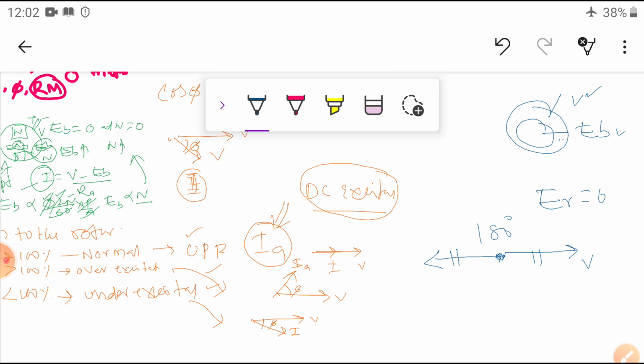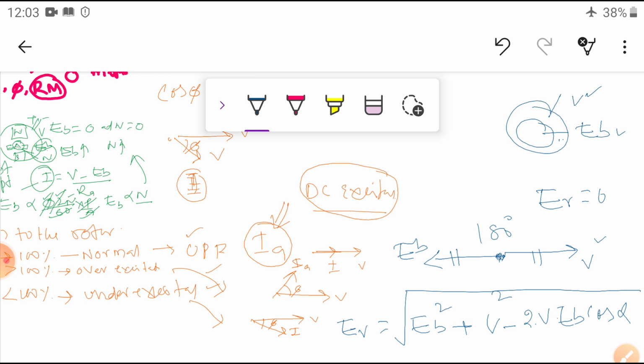What is ER? We already know the resultant voltage ER is equal to the square root of EB, the induced back EMF, whole square, plus V whole square, minus 2 into V into EB into cos alpha. What is alpha? It is the angle between them.